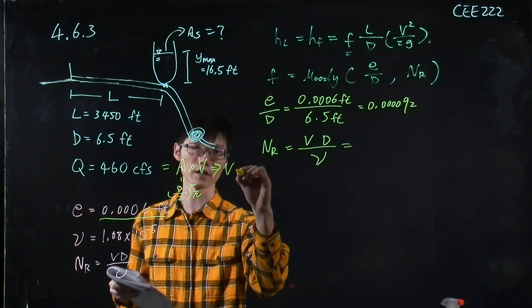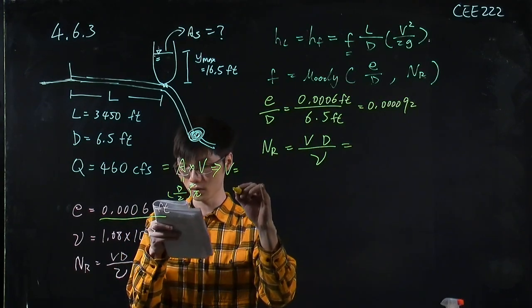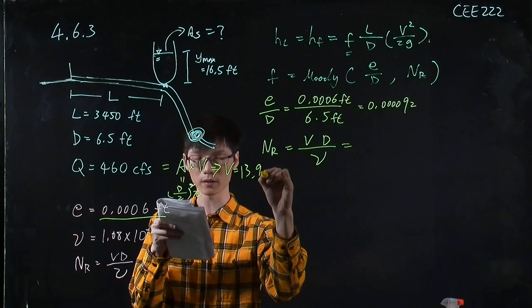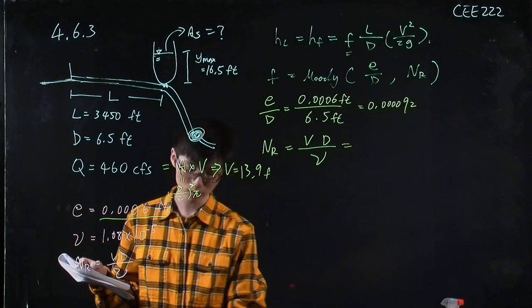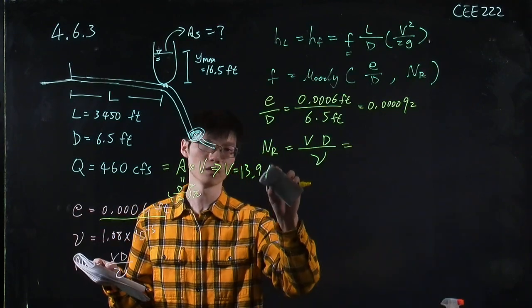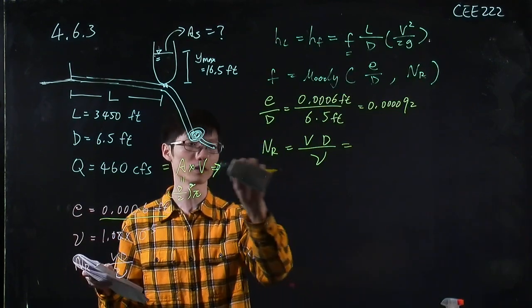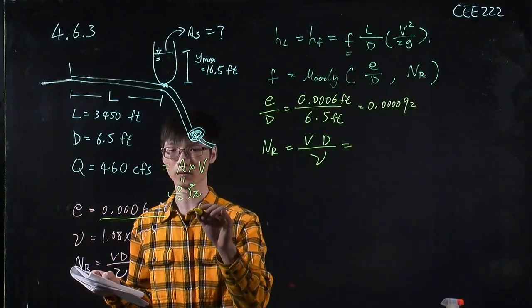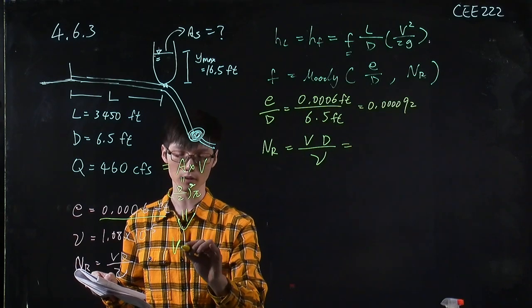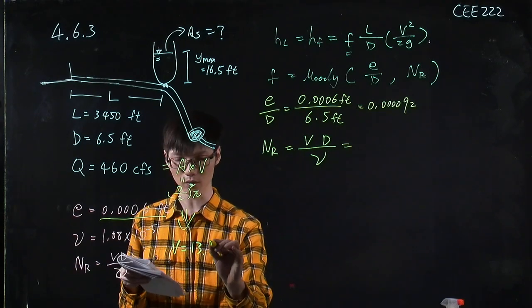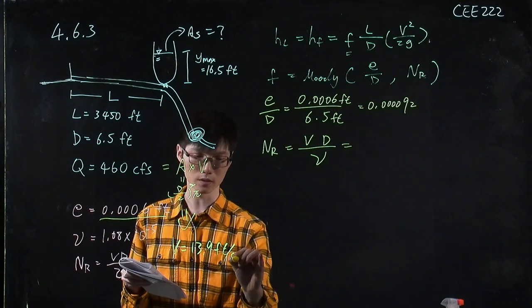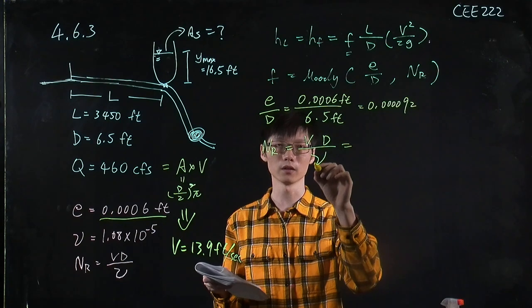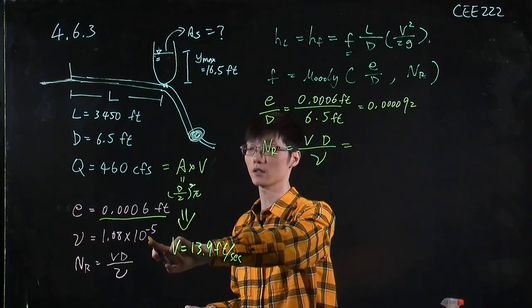That we will get V is equal to 13.9 feet per second. Let me write it down here. So we know the V, we know the D, we know the viscosity value.